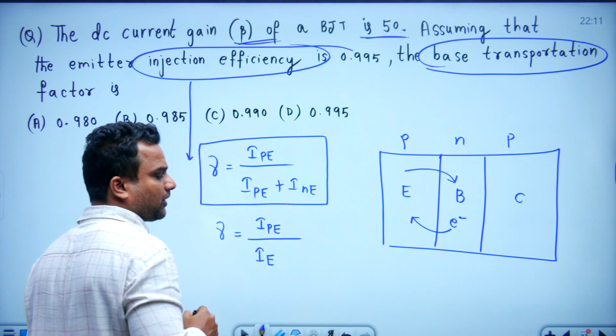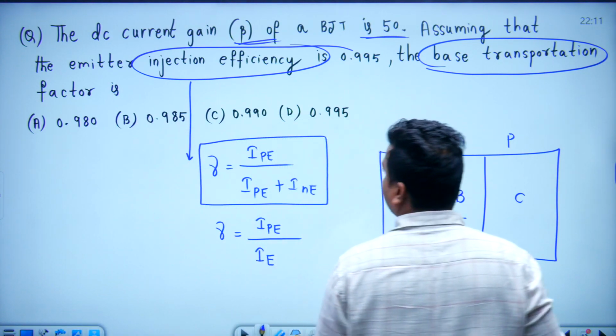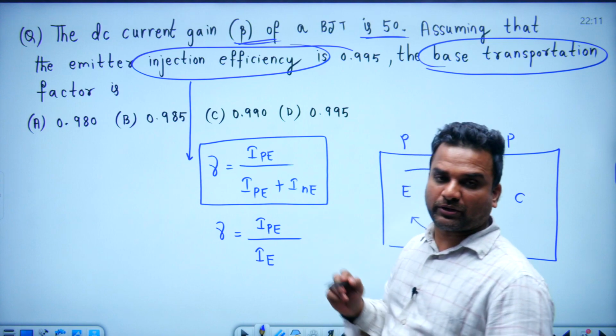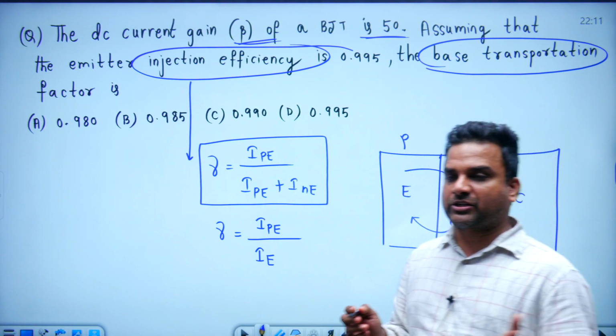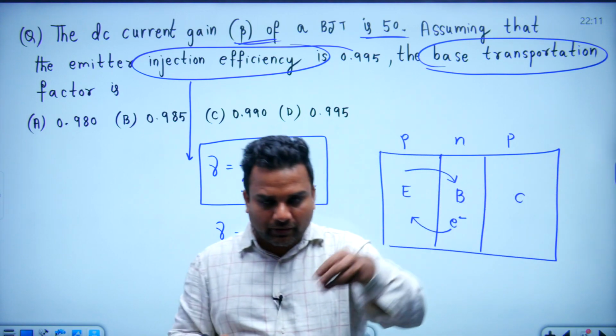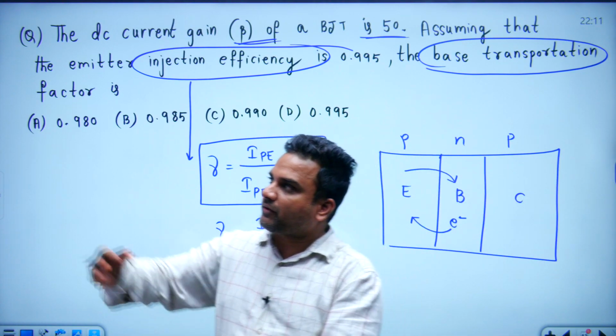Remember guys, now here we need to know about the base transportation factor beta star. Transportation means how much is incoming into the base and how much is leaving from the base.